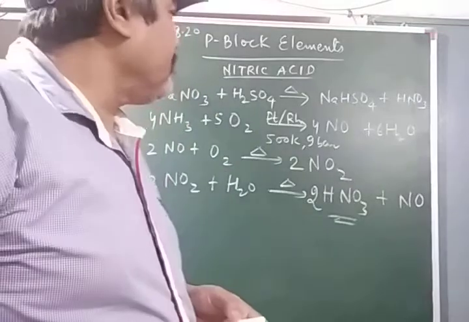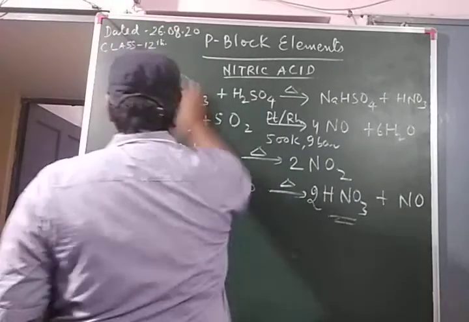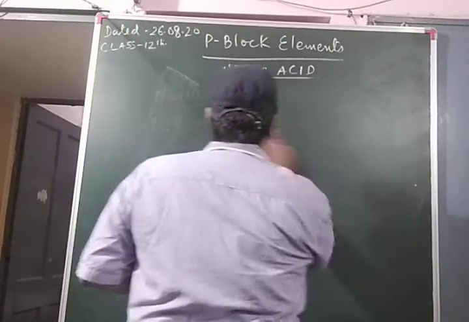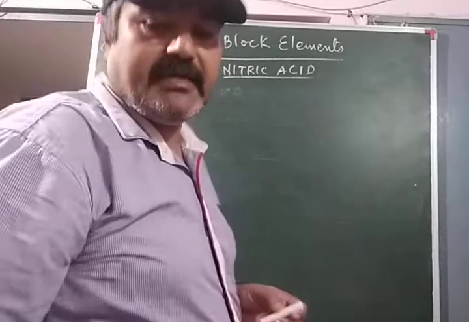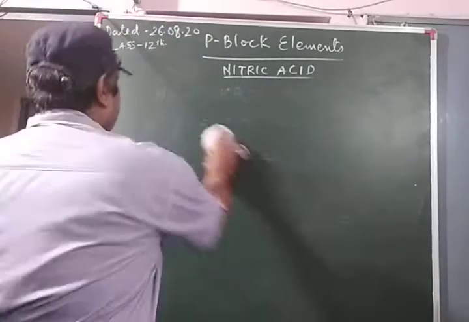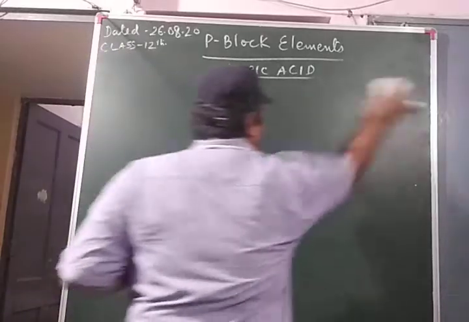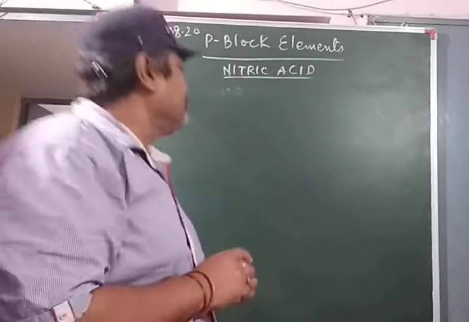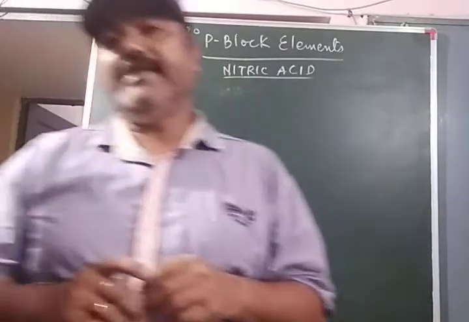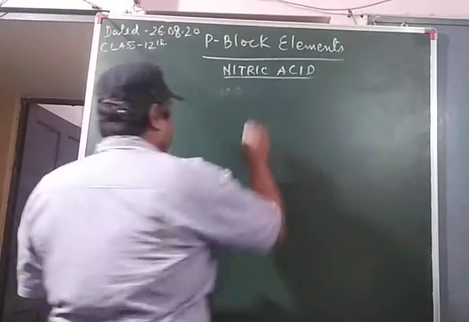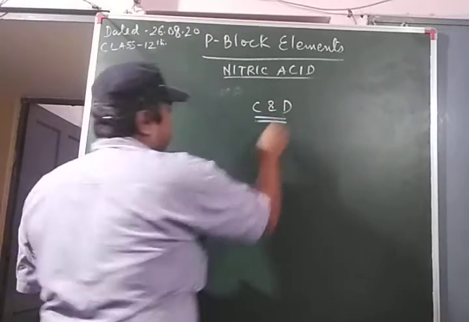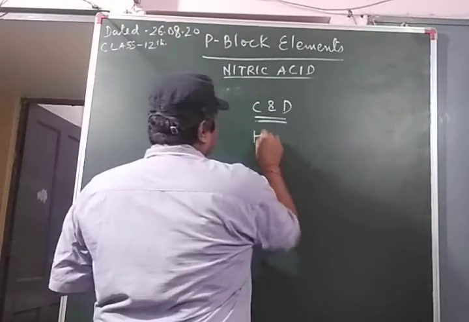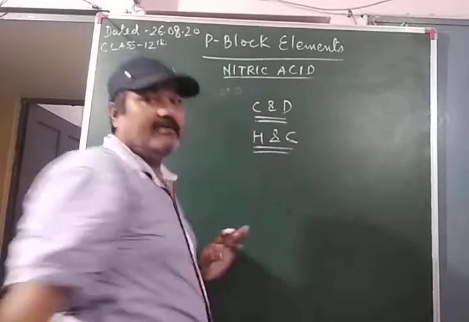In the case of metals, nitric acid reacts in two ways. In the first case, the nitric acid is taken cold and dilute, and in the second case, the nitric acid is taken hot and concentrated.